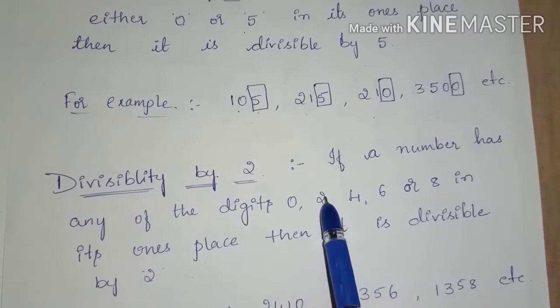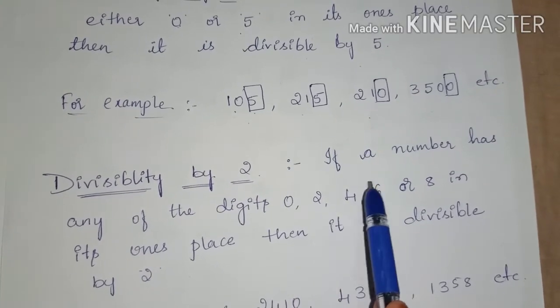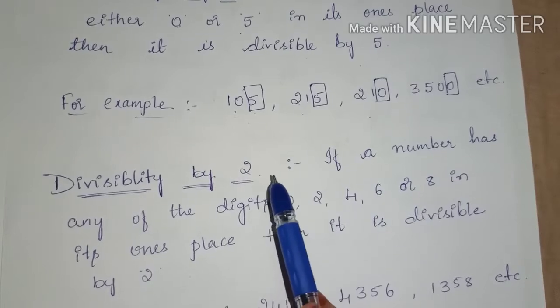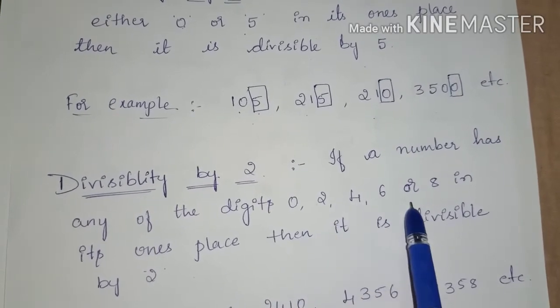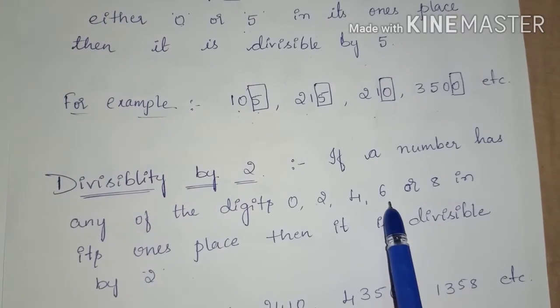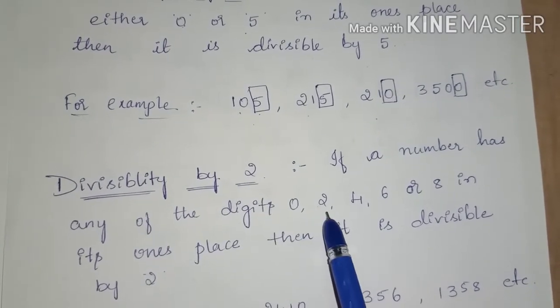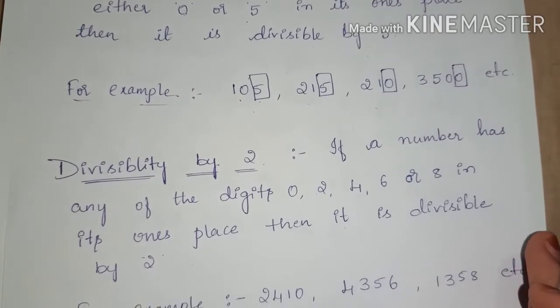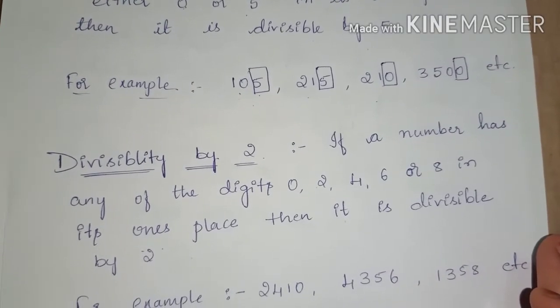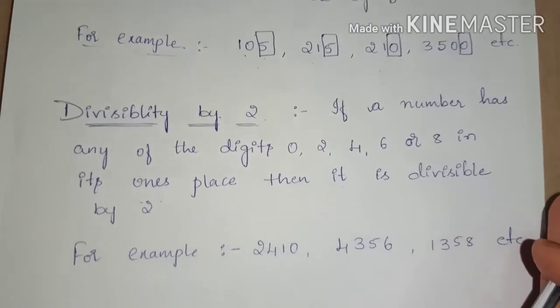So all these even numbers, all the numbers which have even digits in the ones place. Even numbers are nothing but multiples of 2. Hence they are divisible by 2. Remember, mathematics is not for memorization, but you should understand the concept.